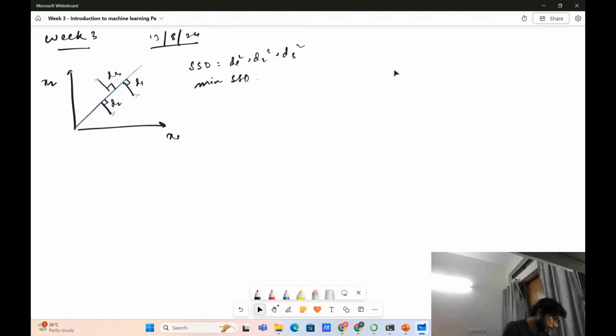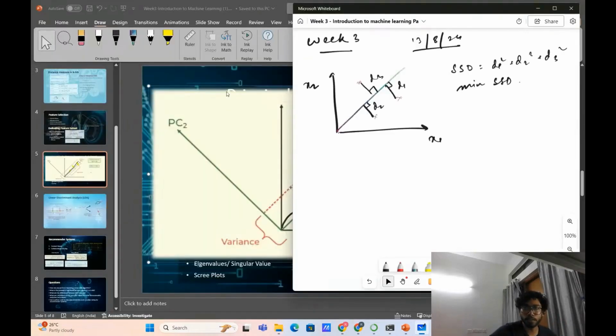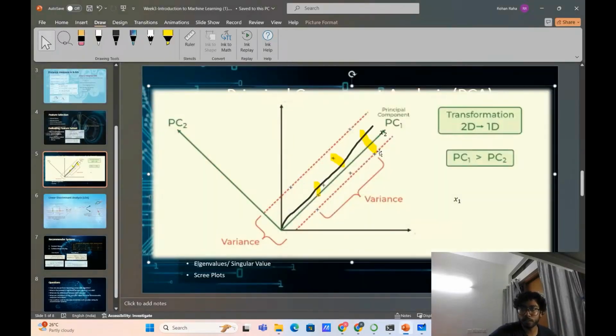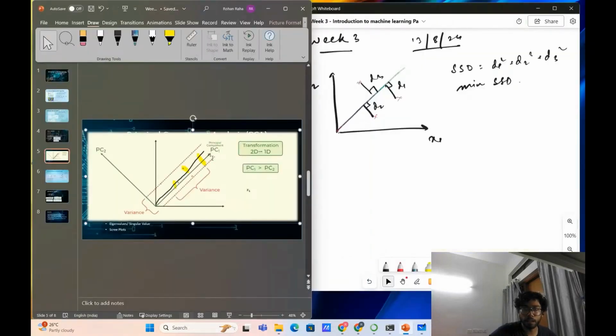Now what is variance? So variance is basically how far are these points from the origin. So if you look at this figure, you see the variance is measured as this. How far spread across are these points? Okay.